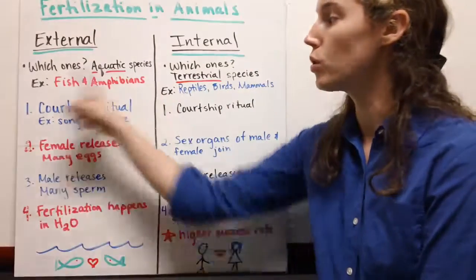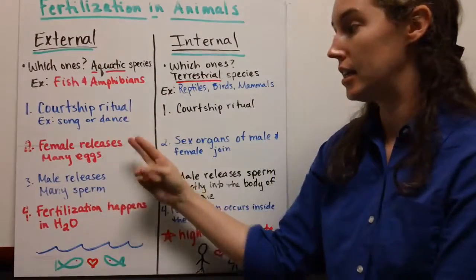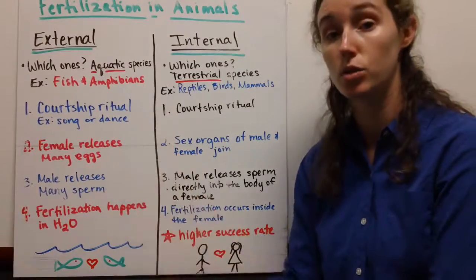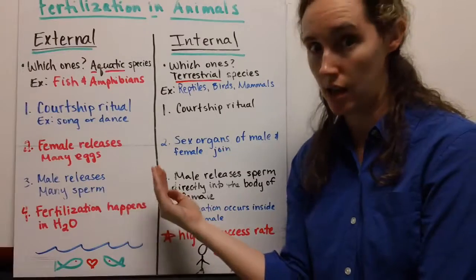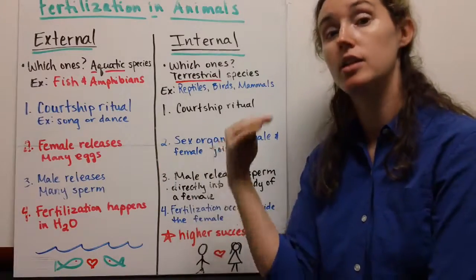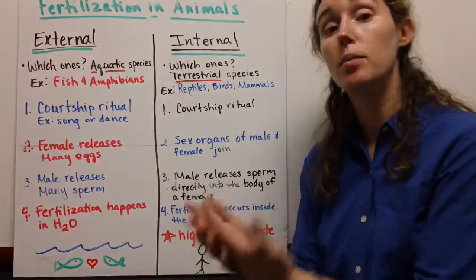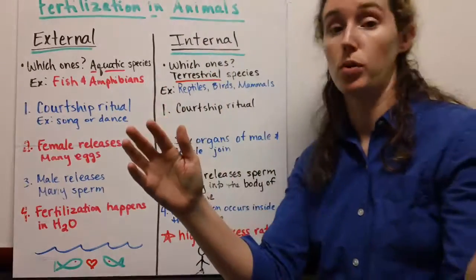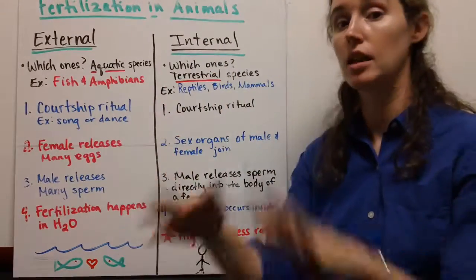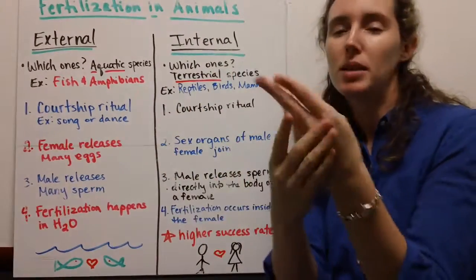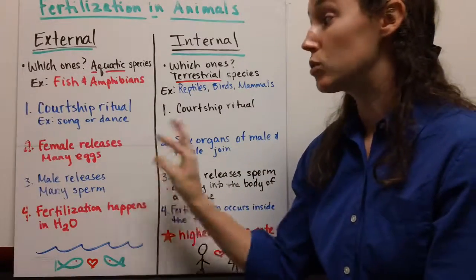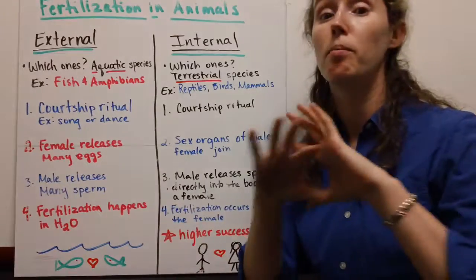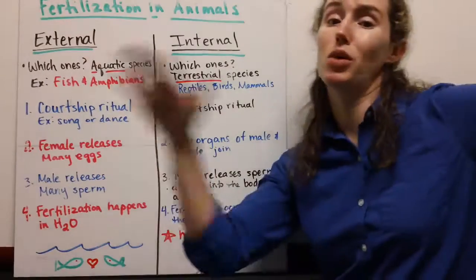Right, so there's some sort of courtship ritual, and then once the female has sort of A-okayed the male, she will release many eggs into the water, then the male will release his sperm over top of those eggs into the water, and this may be like some little nest, but it's still in the water.